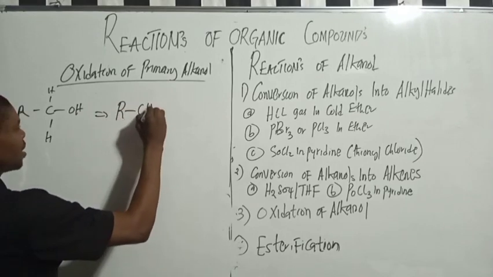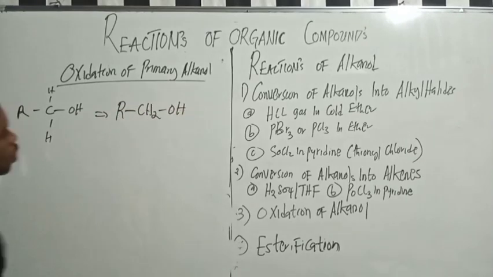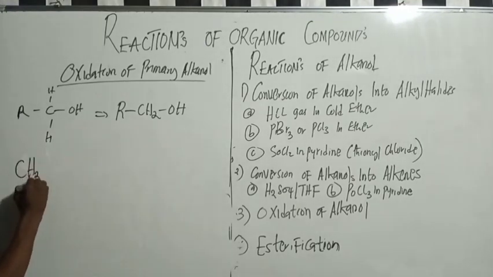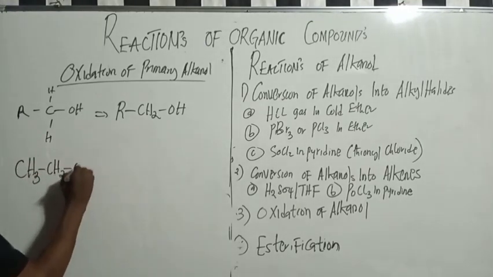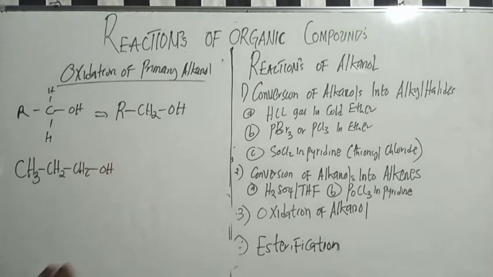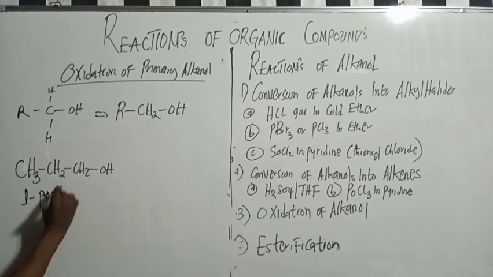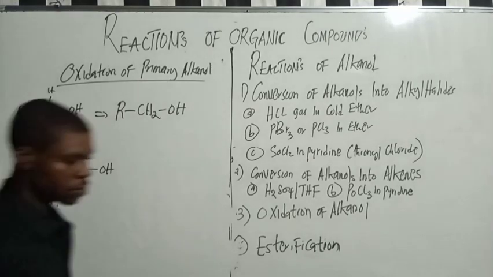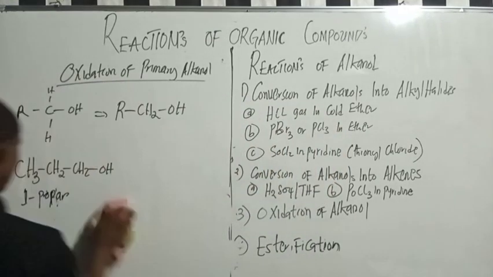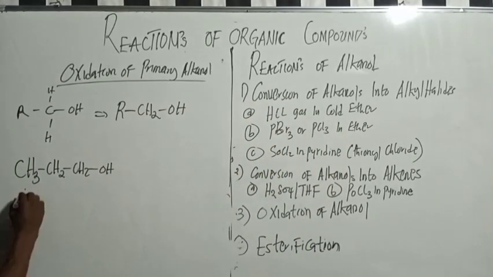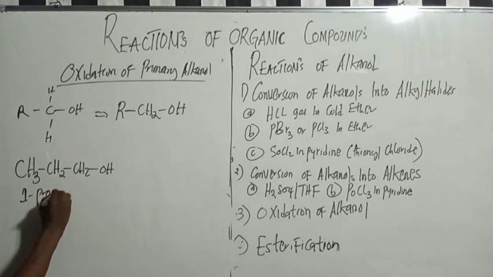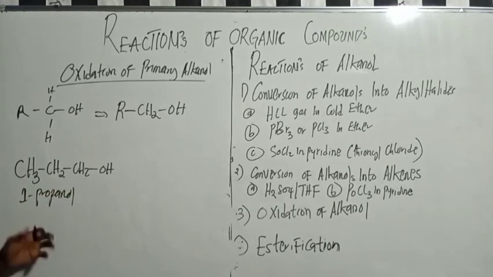A good example: this can also be written as R-CH2OH. It's called a primary alkanol. A good example is CH3CH2CH2OH. It's okay. So this is called 1-propanol.